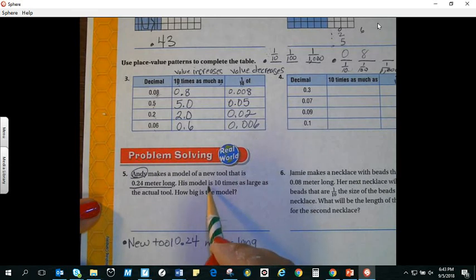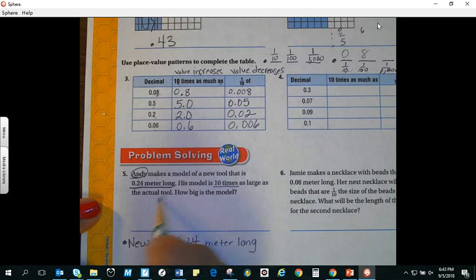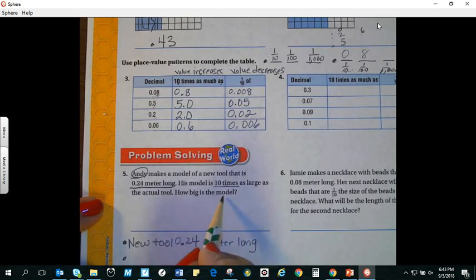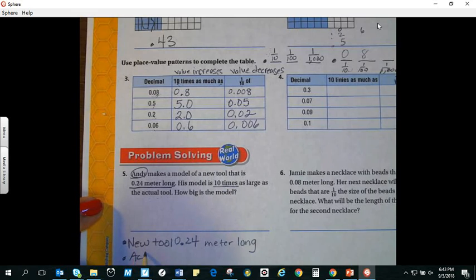His model is 10 times as large as the actual tool. So this model here is 10 times as large as the actual tool. So how big is the model?